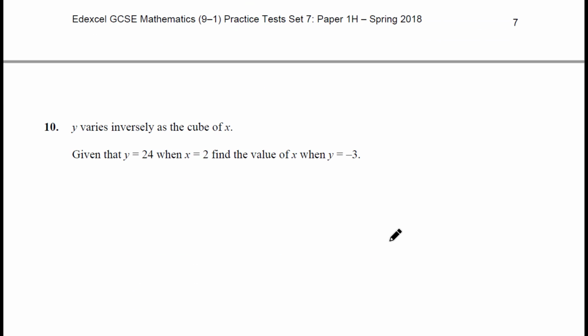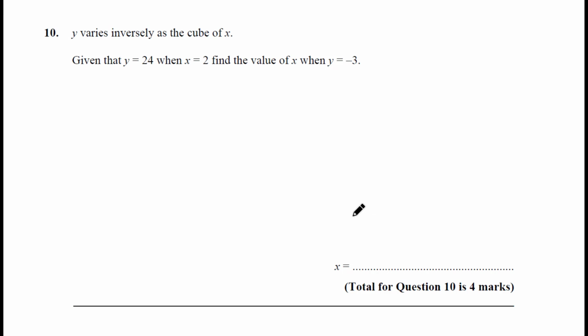Now let's look at question 10. You should love these type of questions. So we know it's inverse proportion, so we know it's going to be y equals k over x cubed.